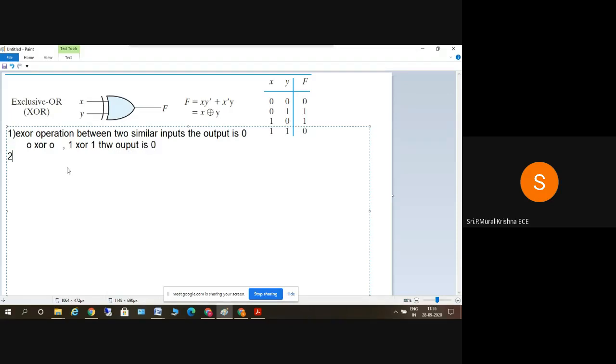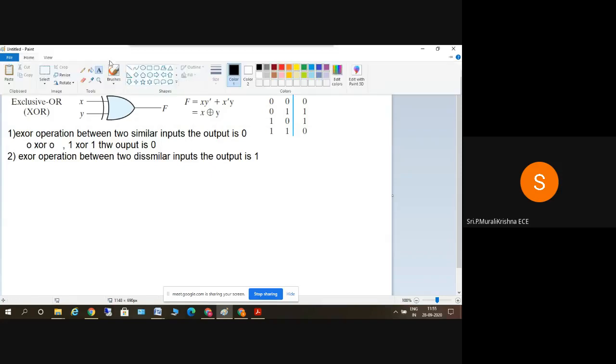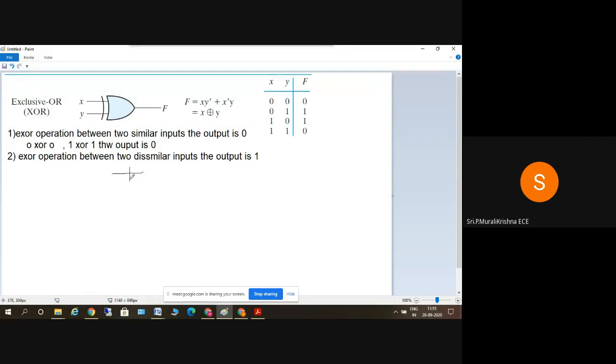And XOR operation between two dissimilar inputs, the output is high. Okay, and there is a symbol for XOR. You can see here, a plus with a circle. So that will be the symbol for the XOR operation.